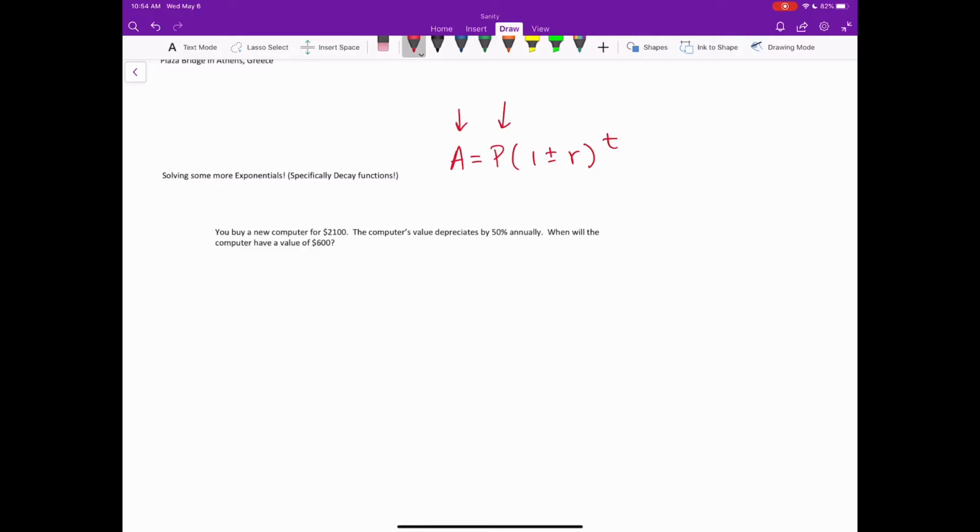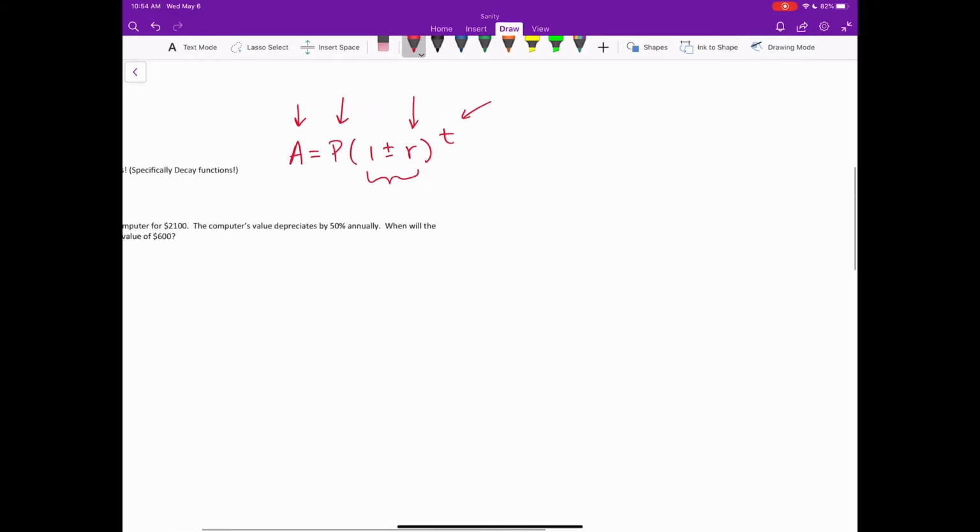Then we have 1 plus or minus R. R is a rate, a percentage as a decimal, and T is the time period, after so many months, weeks, or years. Inside, you're doing 1 plus R if you recognize that it's a growth problem, and 1 minus R if it's a decay problem. Since we're going to be working with a lot of decay problems today, they're all going to be 1 minus R. And then we also need logarithms in order to solve our exponentials.